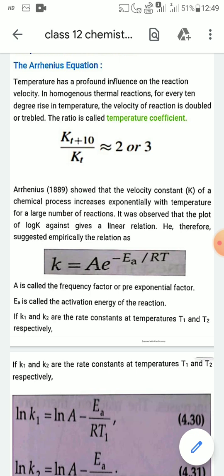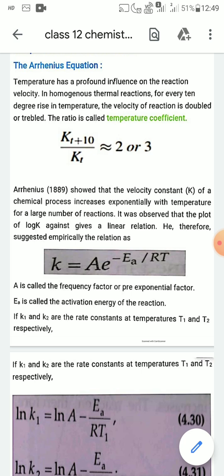For a large number of reactions, it was observed that the plot of log K against temperature gives a linear relation, and he therefore suggested empirically an equation giving the relation between velocity constant and temperature, which was K is equal to capital A into e to the power minus Ea by RT.